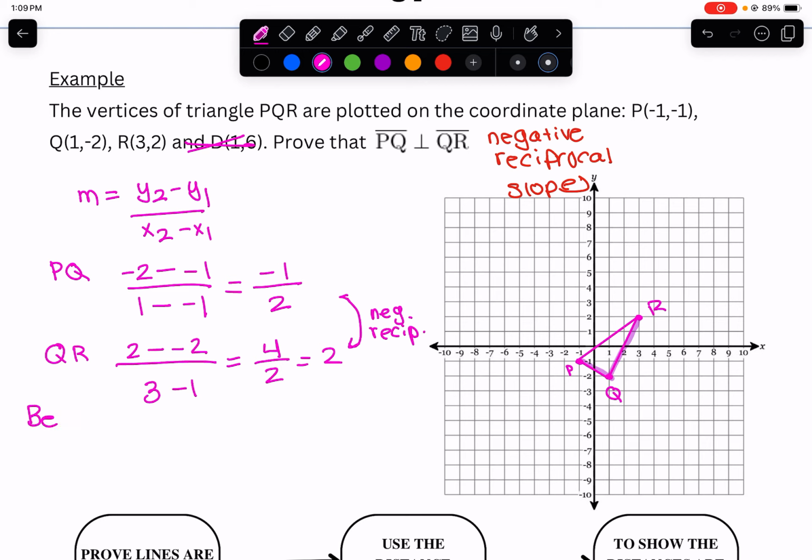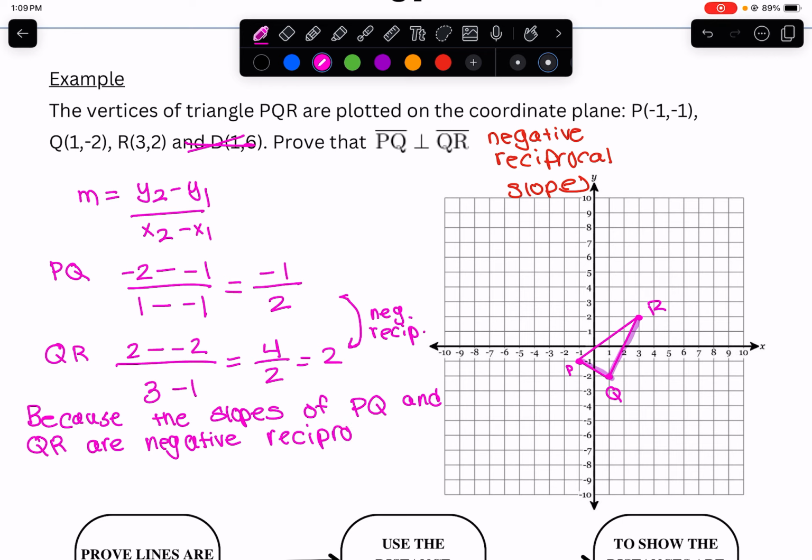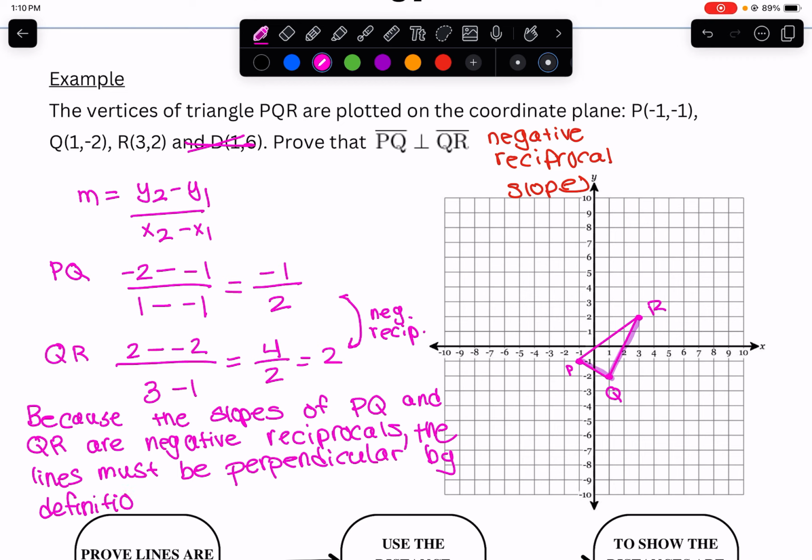So because the slopes of PQ and QR are negative reciprocals, the lines must be perpendicular by definition of slopes of perpendicular lines.